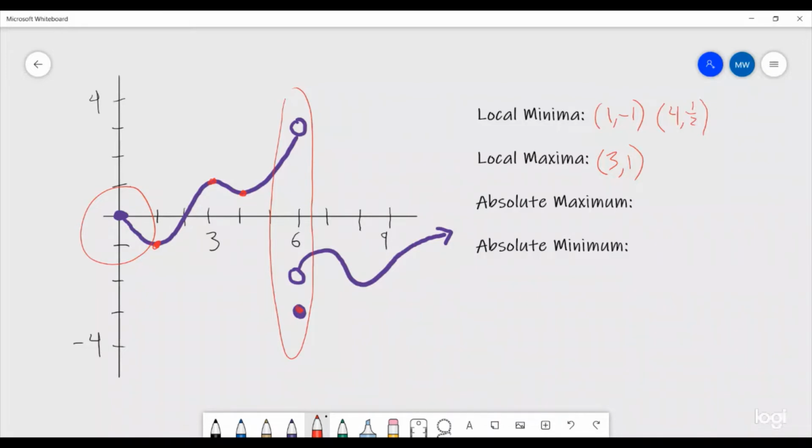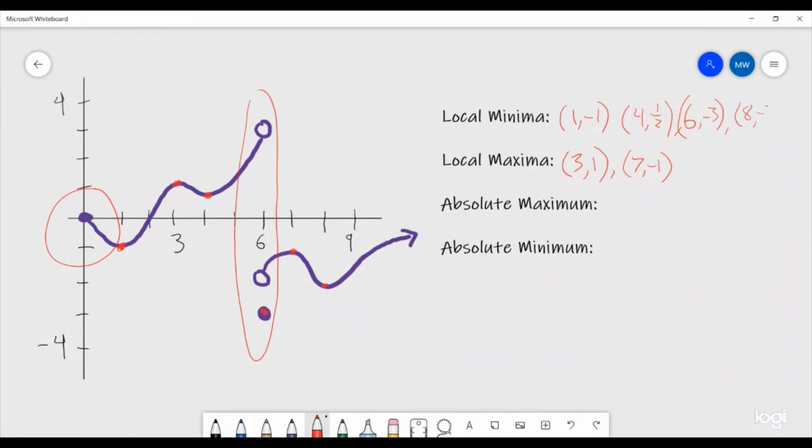So that means we have a local minimum right there at about 6, negative 3. So we have another one right there. Then we have a local maximum right about here at about 7, minus 1. Then we have another local minimum here at about 8, negative 2. I'm running out of room there.